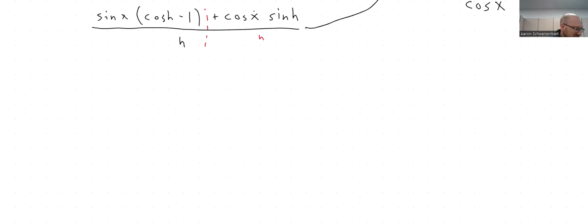Okay, so here we go with tangent. Come on, pen.